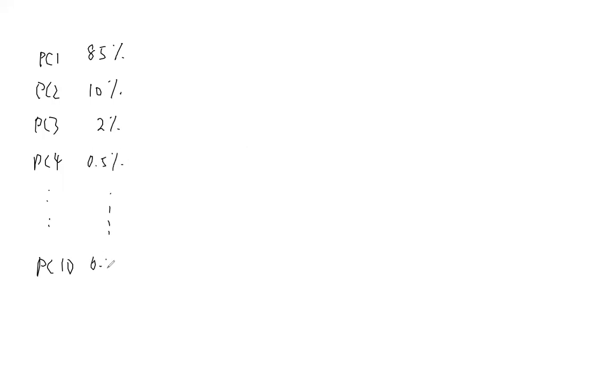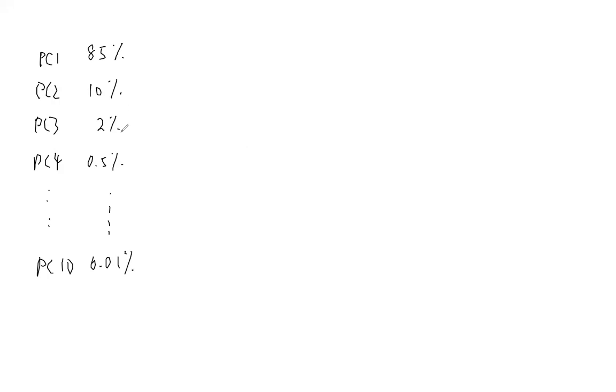Suppose you have 10 principal components: the first explains 85% of the total variation, the second may be 10%, the third 2%, the fourth 0.5%, and this one 0.01%.